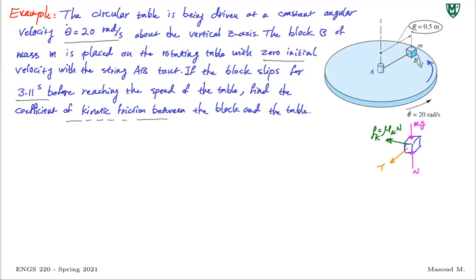So we are going to use principle of angular impulse and momentum, the full expression, the complete expression. Right? And that's why I brought this example here. So you see one case in which we do not have a central force motion.